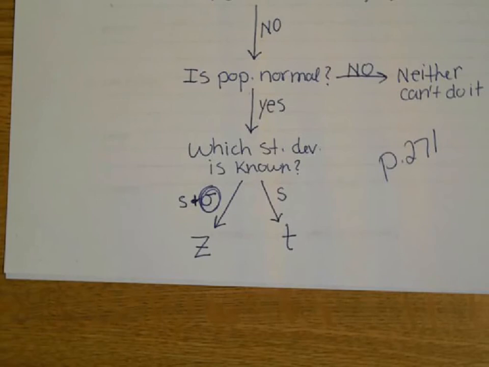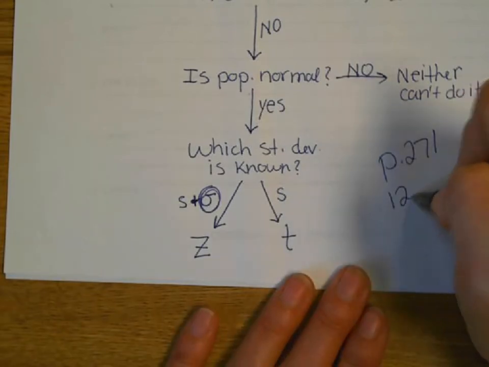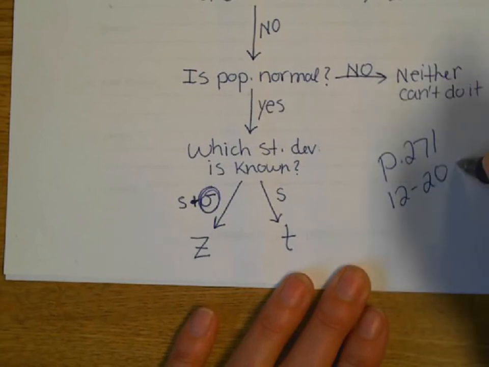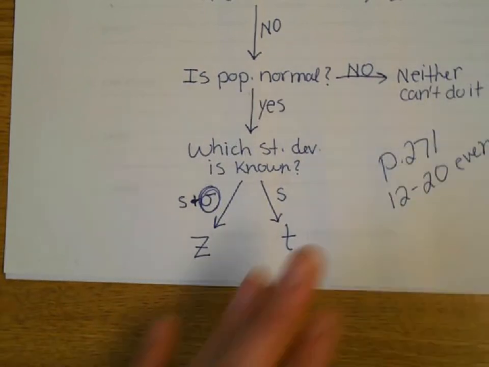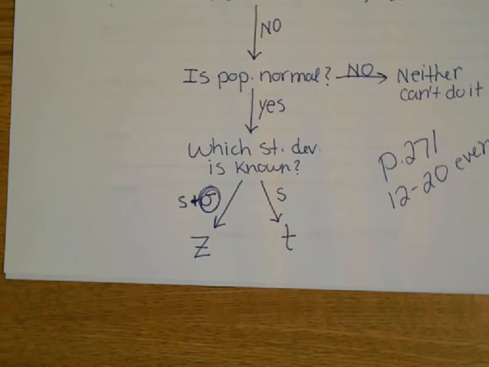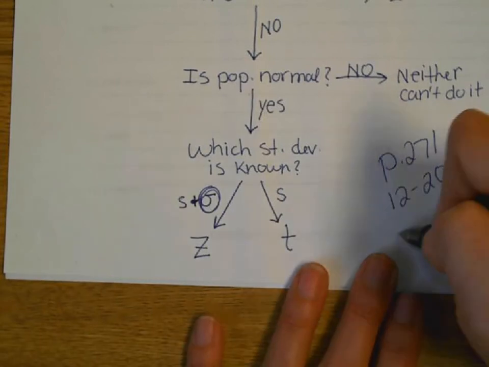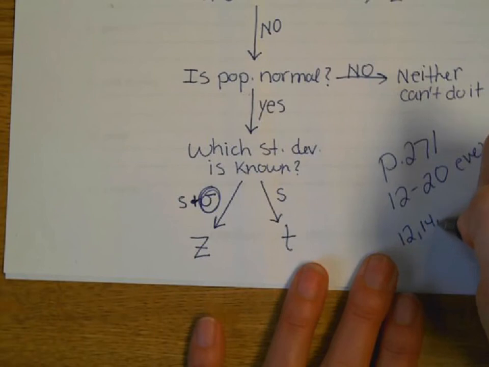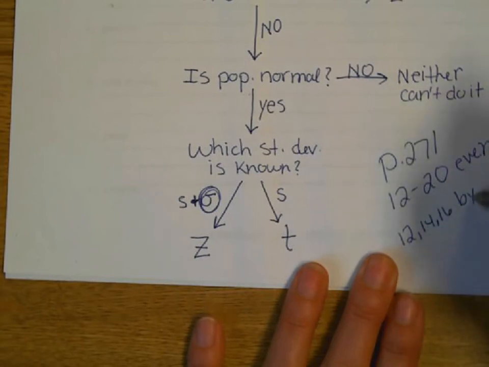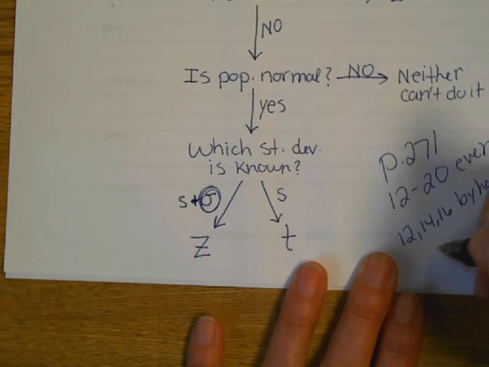Let's go 12 through 20 even. That doesn't seem like too many. So let's cut those in half. How many is that? 1, 2, 3, 4, 5. Let's go the first 3 by hand. So that's 12, 14, and 16 by hand. 18 and 20 with the program.